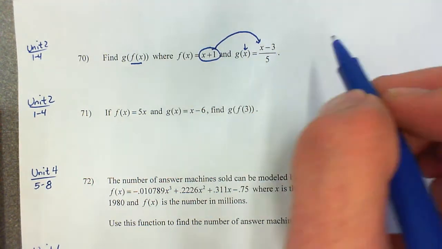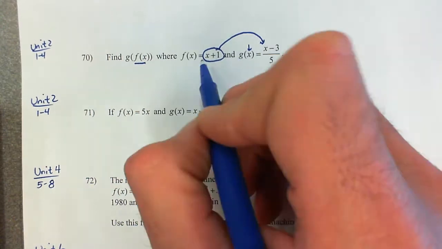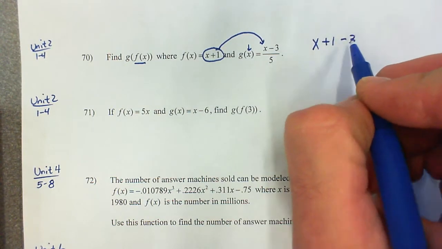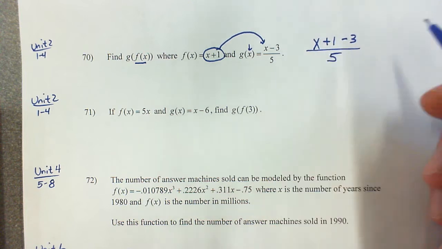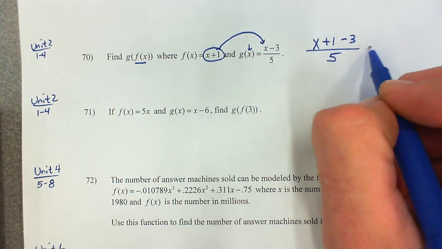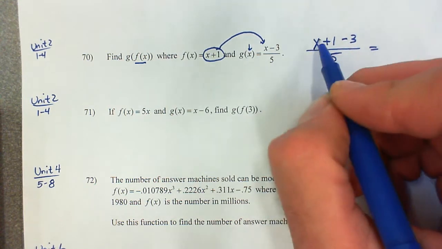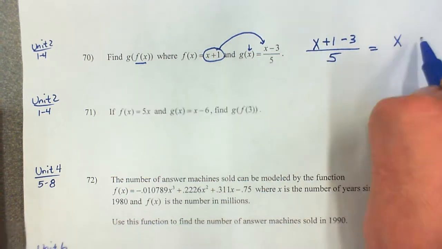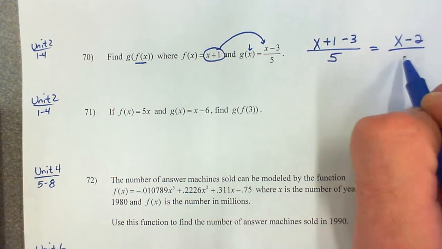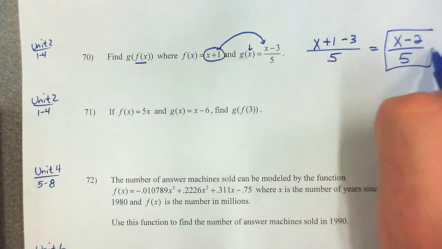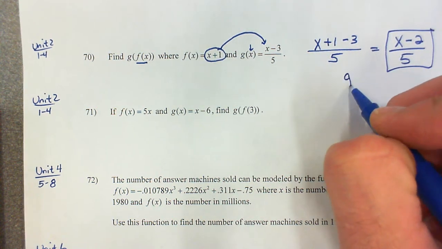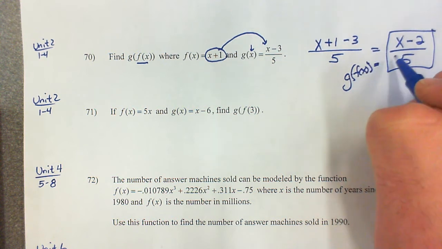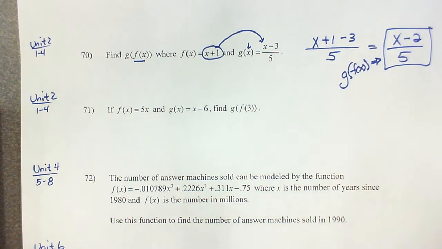So since there's only one x there, this expression x plus 1 replaces that x, which then has a minus 3 divided by 5, and now we just simplify that. So this is going to equal x plus 1, a positive 1, and a negative 3 is a negative 2, over 5. So this is g of f of x. That's what it's equal to. Okay?